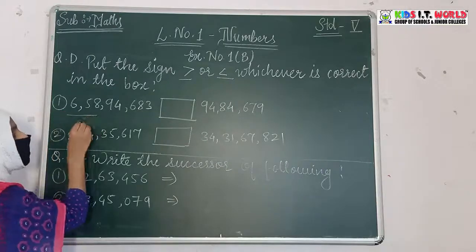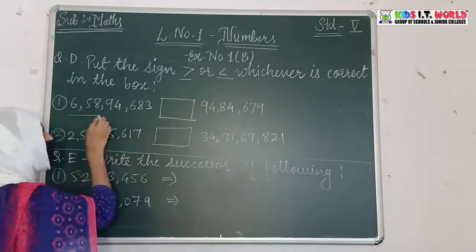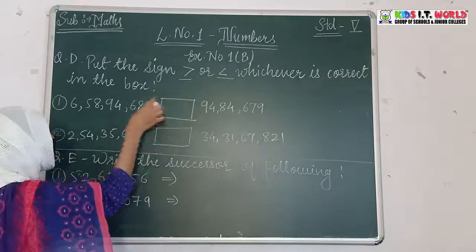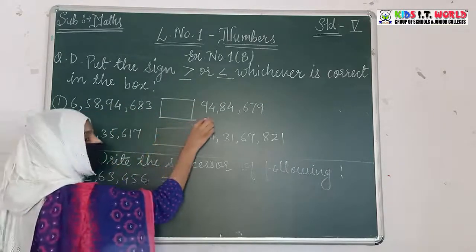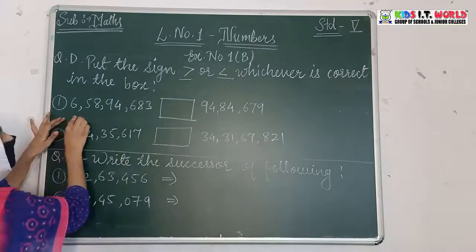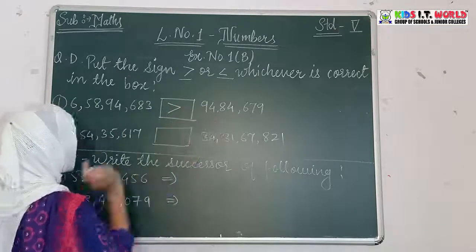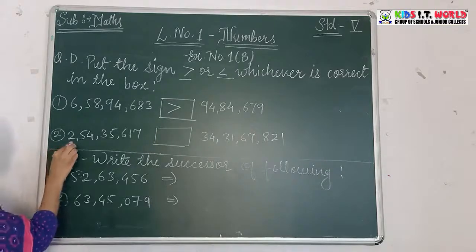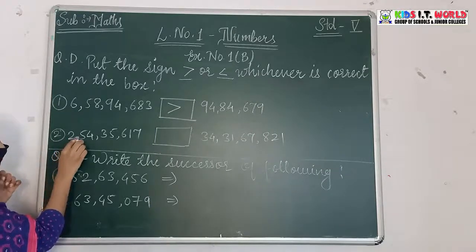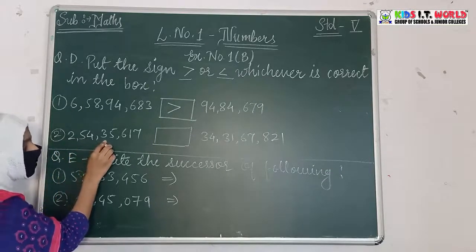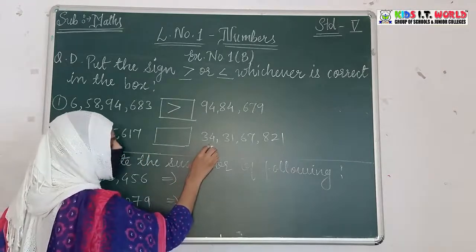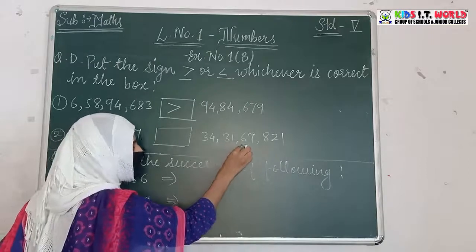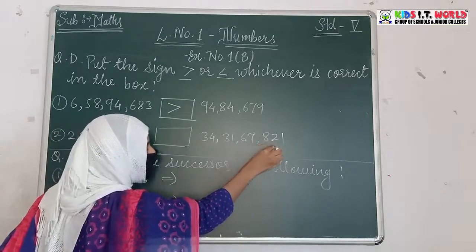Now easily you can say which number is greatest here. Obviously this number, because here the one period is greater than this number, means this number is starting from the crores and this number is starting from the 10 lakh. So this number is greater than this number. Now this is again 2 crore 54 lakh 35,670 and the other number is 34 crore 31 lakh 67,821.